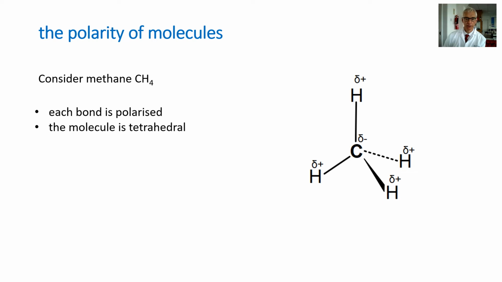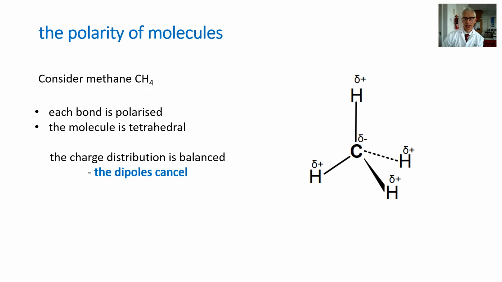So we would say that the charge distribution is balanced and the dipoles cancel. We would conclude that although there is some bond polarity, overall the molecule is non-polar. The argument being that the dipoles within the molecule cancel.